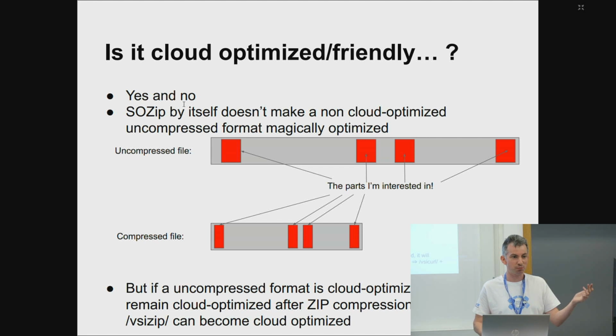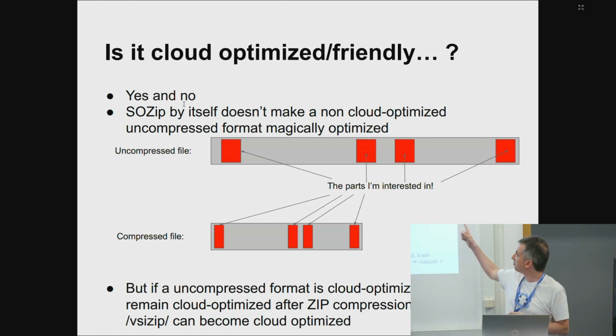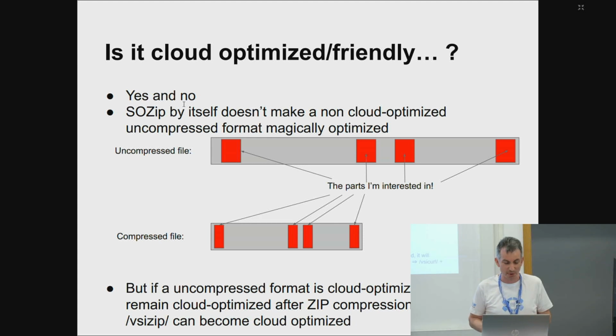So I would say it will preserve the cloud-friendliness of a file format, but it will not make it automatically cloud optimized. So here on this drawing, if from some operation you need to access 4 parts in the file, once it is SOZip compressed, you will still have to locate those 4 parts.